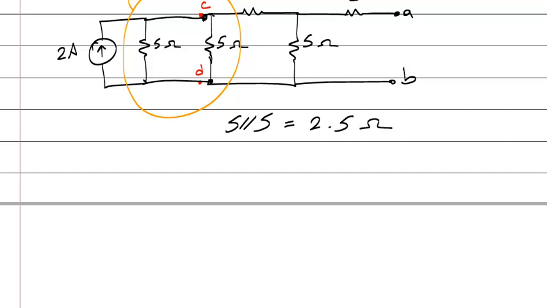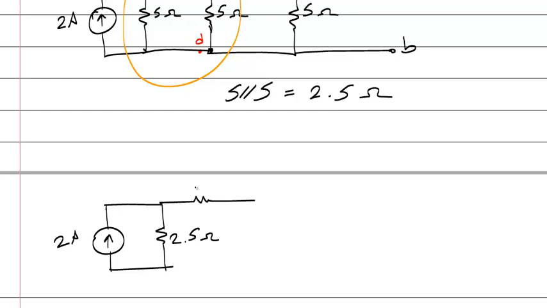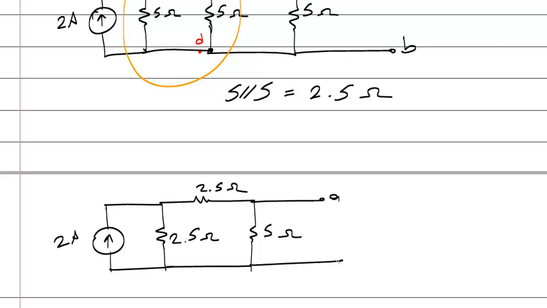So if I redraw my circuit: 2 amps, 2.5 ohm, 2.5 ohm, 5 ohm, points A and B.